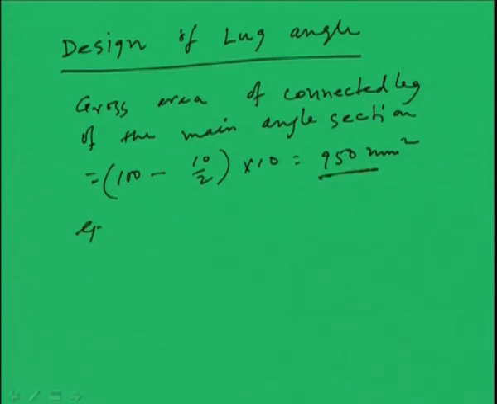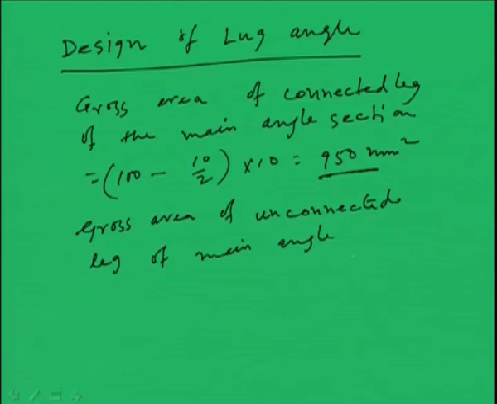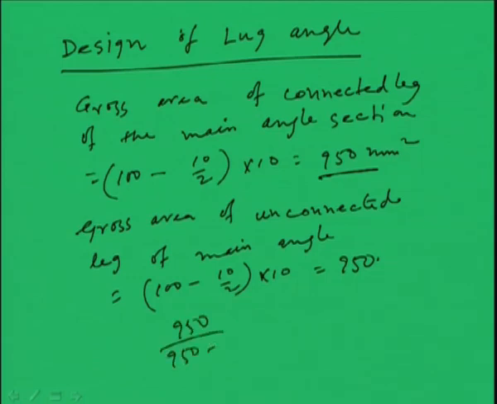Similarly, the gross area of the unconnected leg of the main angle, that means the outstanding leg, this also will become 100 minus 10 by 2 into 10, that is 950. So the sharing will be basically 950 by 950 plus 950, that means 0.5, 0.5.